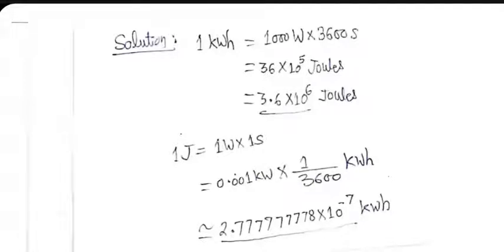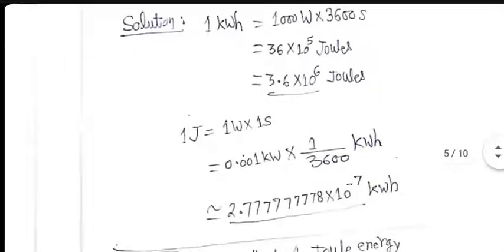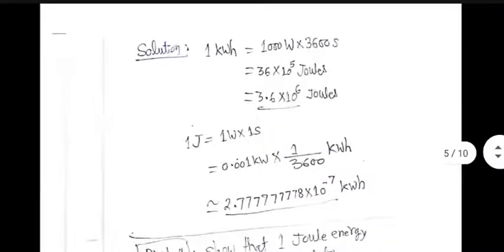You can do the math yourself. 1 joule turns out to be 2.7777, something like that, into 10 to the power minus 11 kilowatt hour. It's a fairly standard formula to convert energy values from kilowatt hour to joule and the other way around. If you don't remember it, you can do it intuitively also.